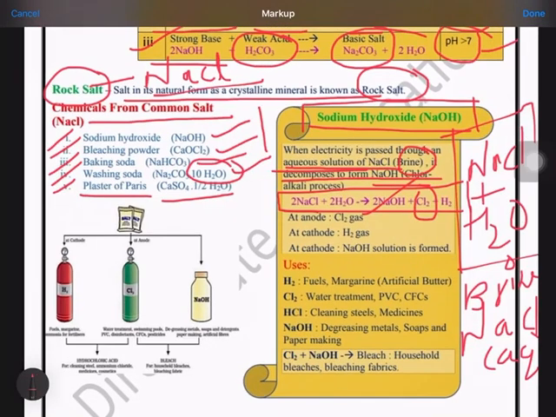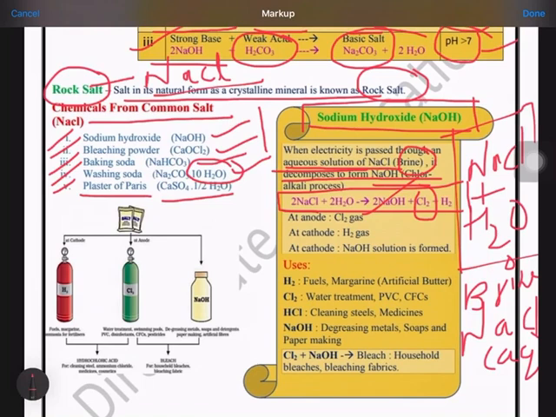Generally, this aqueous solution is taken in a beaker and two electrodes are there. One is known as the cathode and the other is known as the anode. The anode, as you know, will be the positive charge and the cathode will be the negative charge. Then we have to pass the current.